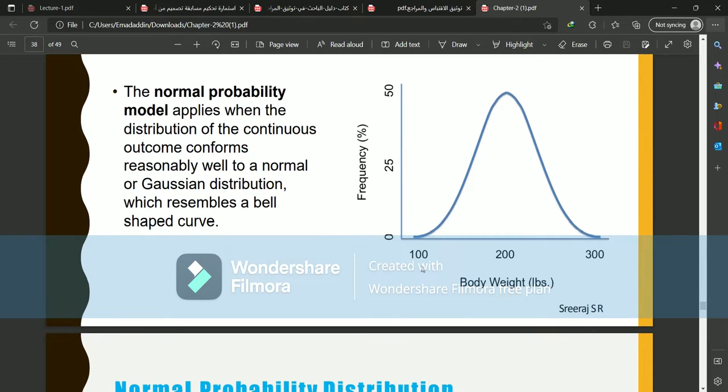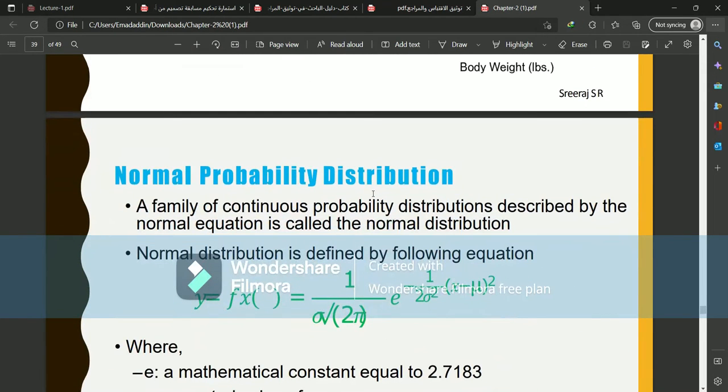Frequency, percent, and body weight. This is the curve. A family of continuous probability distributions described by the normal equation is called the normal distribution.